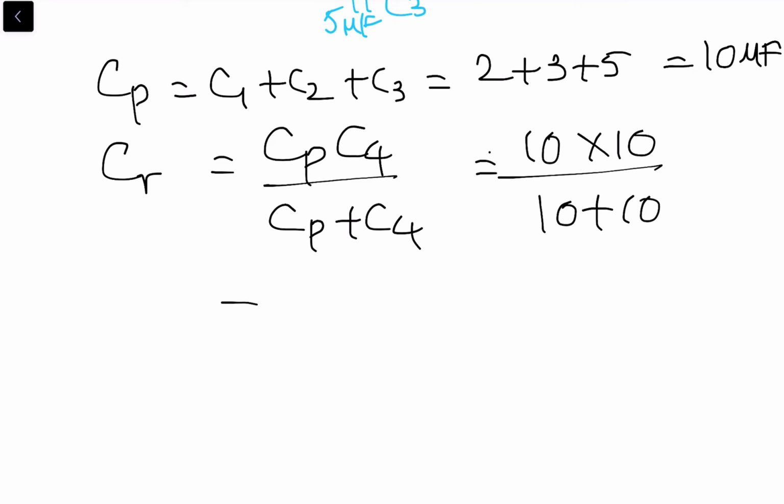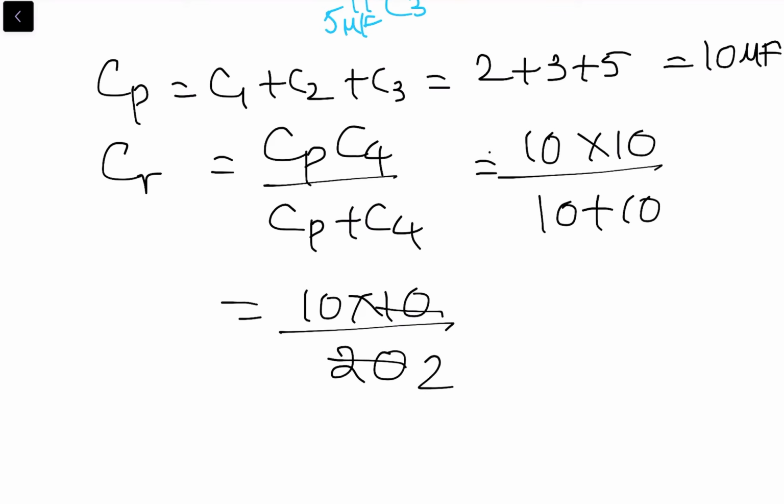Don't multiply anytime, 20 you take, then 10 twos and then 2 fives. So the resultant is equal to 5 microfarads.